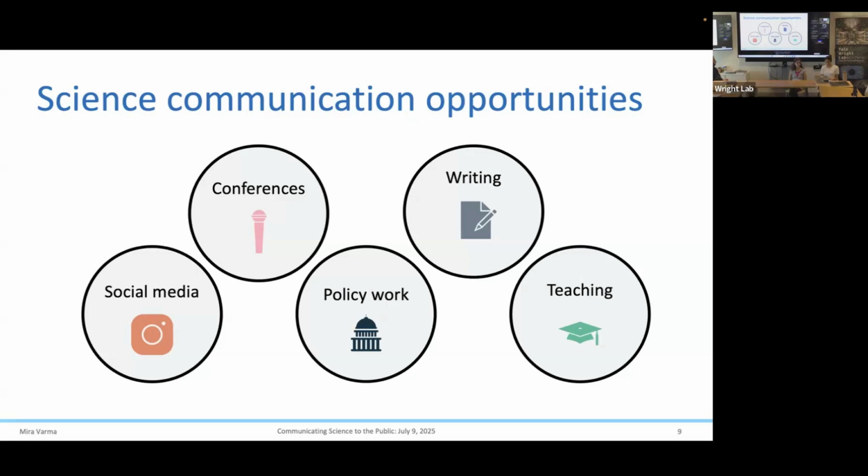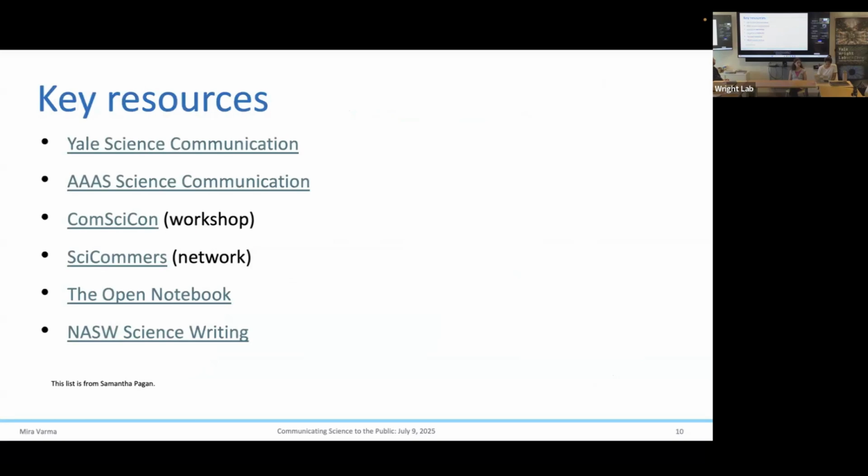And finally, there's teaching, which is kind of what I do, where Yale Science Communication goes to various libraries and teaches people about their work. And here are some key resources that Samantha Pagan was kind enough to give about various organizations where you could learn more about science communication.